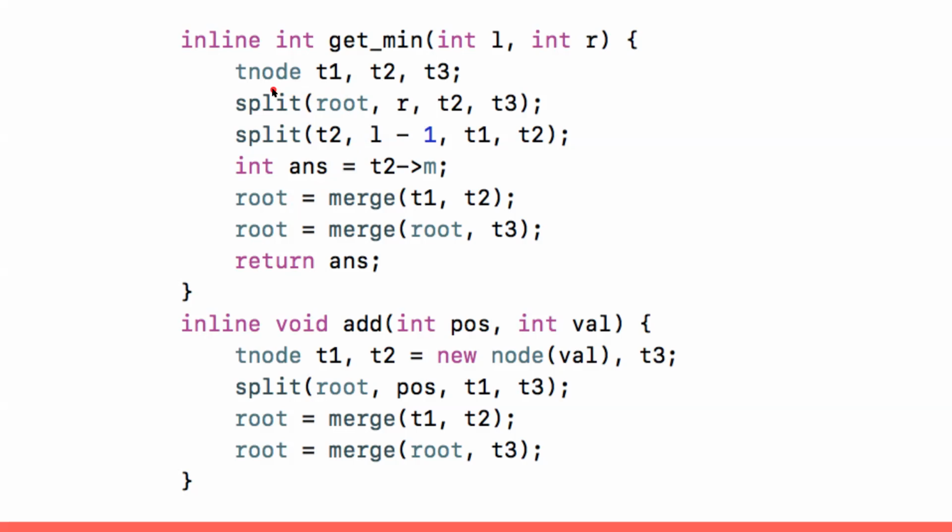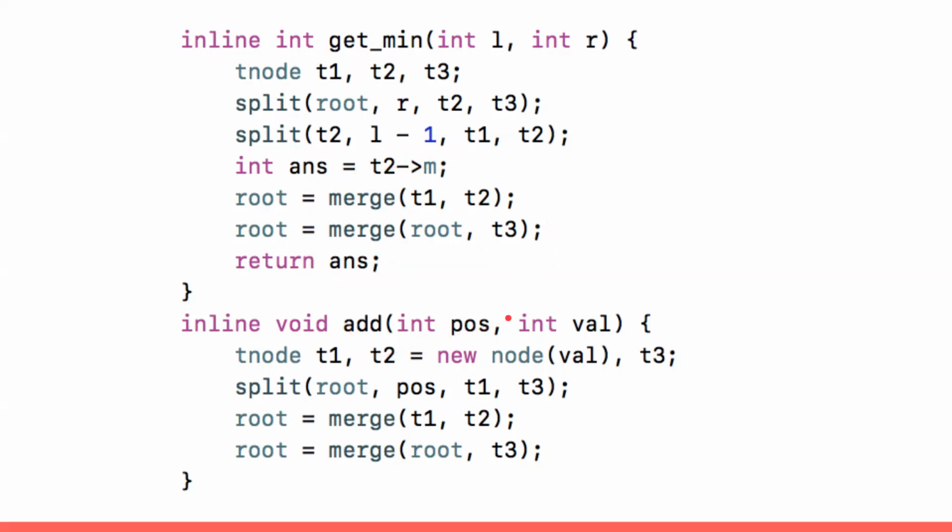The second one is the splay tree that is located exactly between L and R. The first one is where all the elements are smaller than L, and the third one where all the elements are greater than R. So we are going to store these in T1, T2, and T3. We are interested only in T2, so that is why we find the minimum of that, then merge it and return the answer.